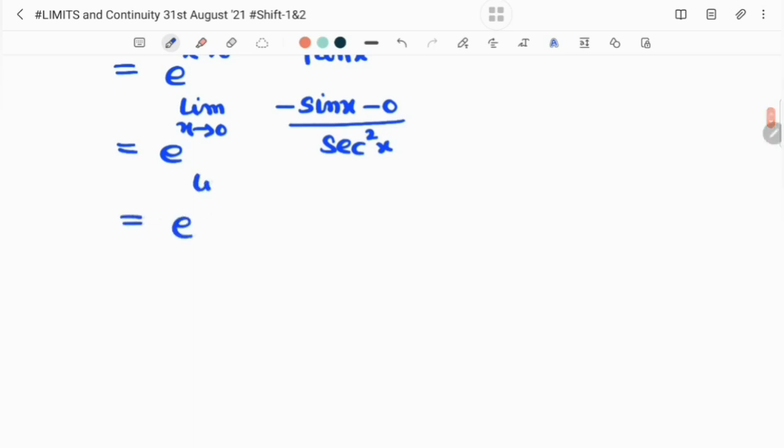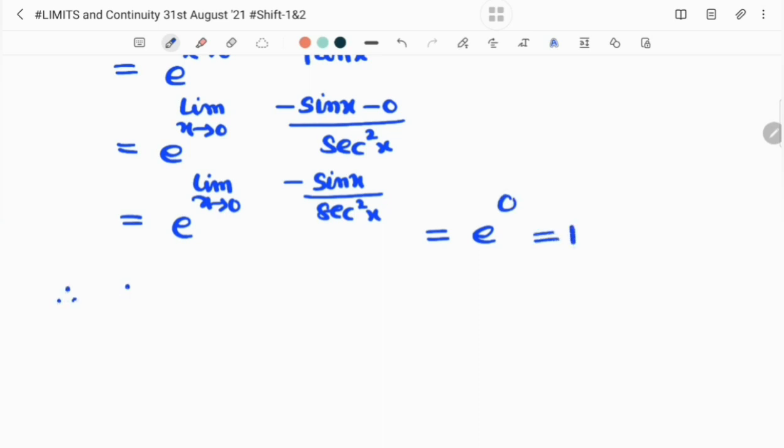So e power limit x tends to 0 of minus sin x divided by secant square x. Here also, if you substitute x equal to 0 directly, e power 0 will come. 0 by anything is 0, and anything power 0 is 1. So therefore the value of beta is equal to 1.